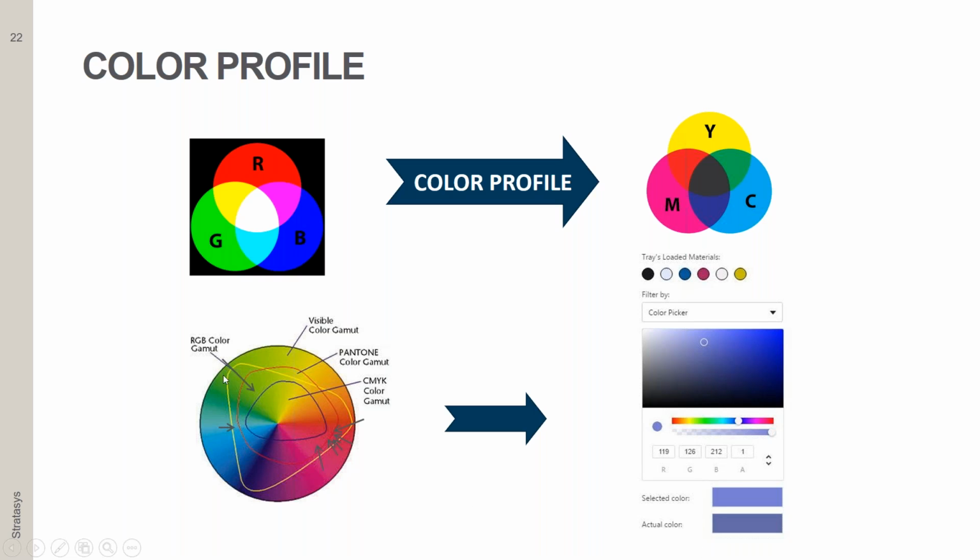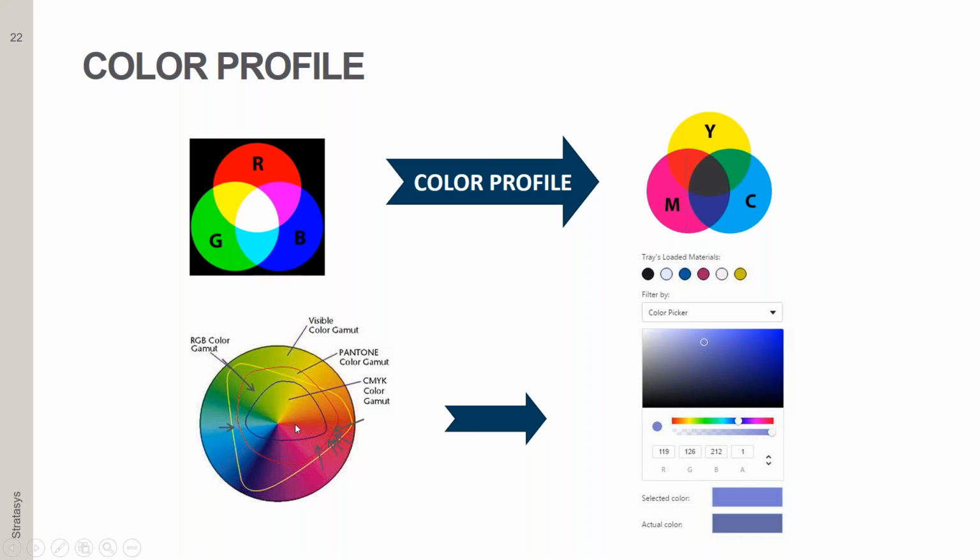When we have a look at the range of what each and every system can print, the big area here is what the human eye can see. And the biggest part of it is the RGB color. But the smallest one is the CMYK color gamut. So if you want to print a color in the down area, it is not within the CMYK color gamut.